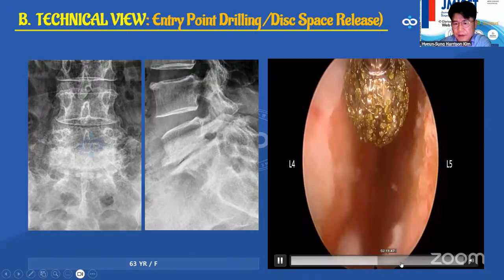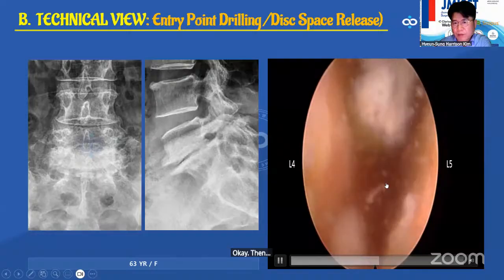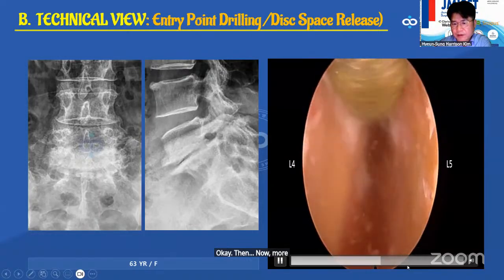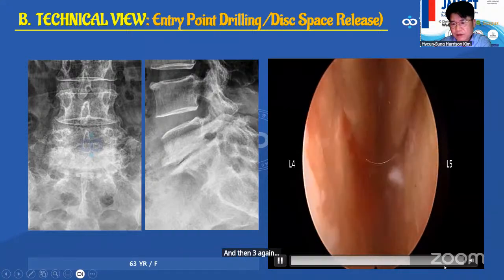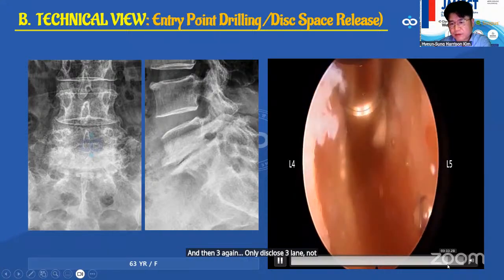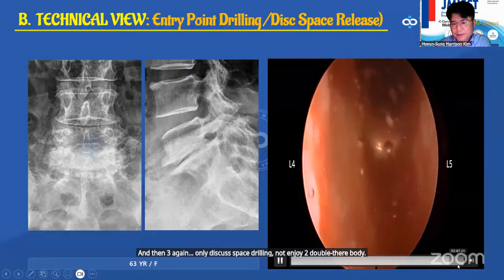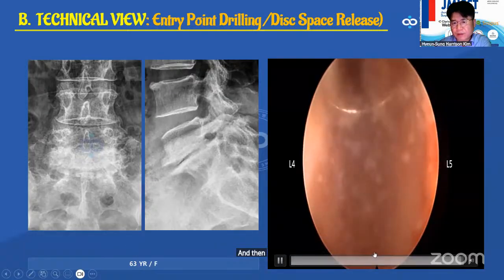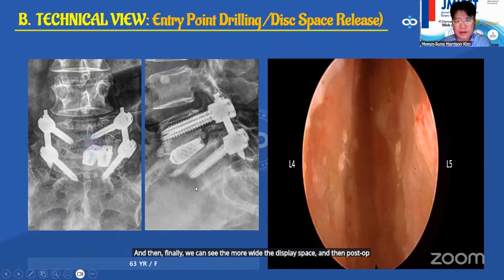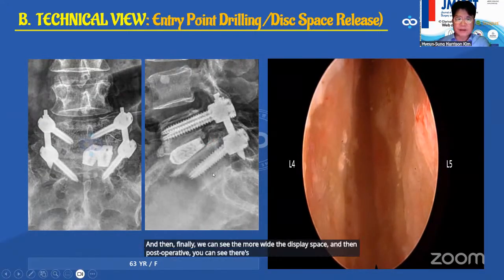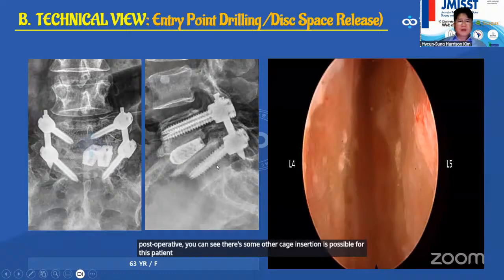Okay. Now the disc space is wider, and then drill again. Only disc space drilling, not injuring the vertebral body. And then finally we can see the wider disc space, and post-operatively you can see a larger cage insertion is possible for this severely collapsed patient.